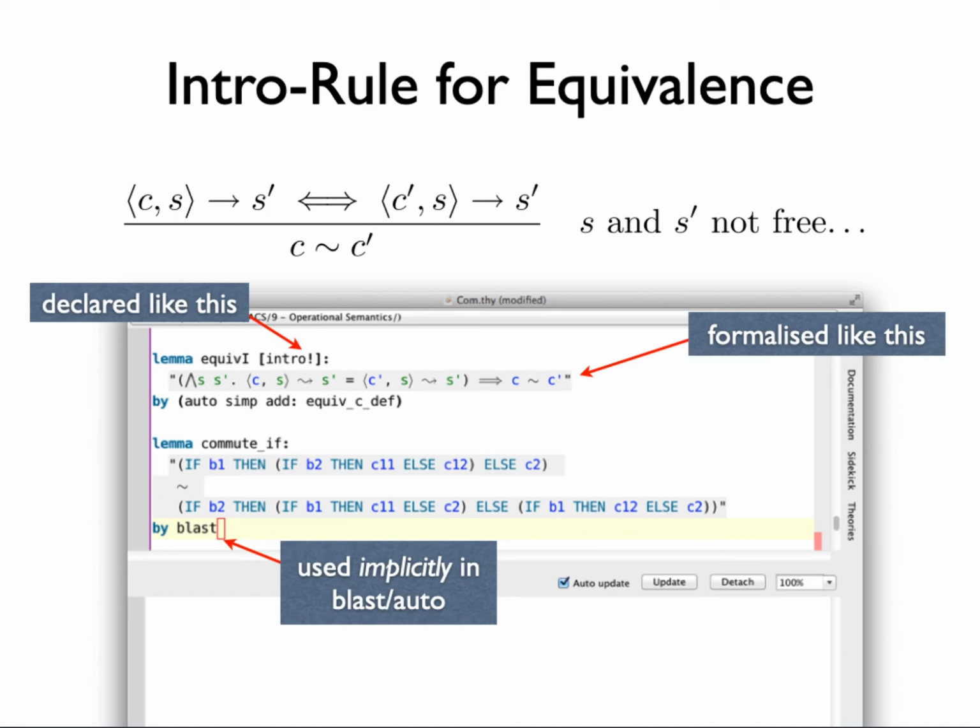But anyway, this is a semantic equivalence which holds for our language. It's proved using BLAST alone, thanks to the intro bang above it, because BLAST will say, I can backchain with that. That will immediately get rid of the semantic equivalence symbol, and then it will do the rest using pure logic and probably using a rule inversion, in fact, to prove that.